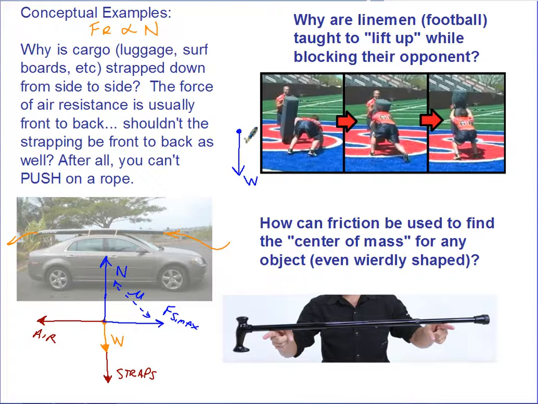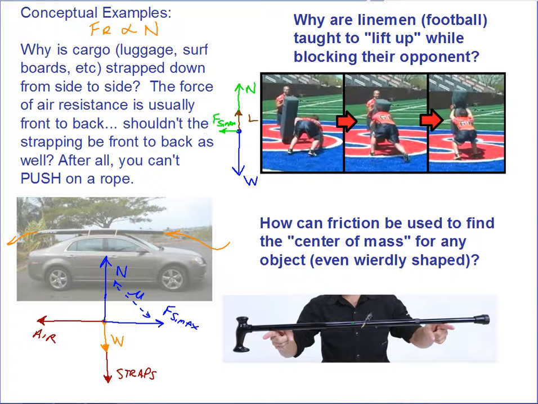But if I start to lift up on that person, so this is the force from the lineman, that's going to reduce the amount of normal force acting there. So the normal force acting on that opponent will become smaller because I'm lifting them up. Since the frictional force is a portion of the normal force, I'm going to have less static friction acting on that opponent, which means that I'm more easily able to move them around.